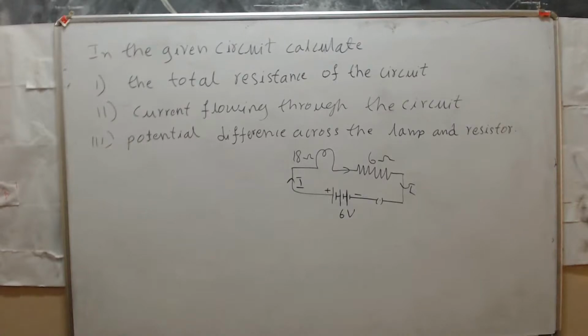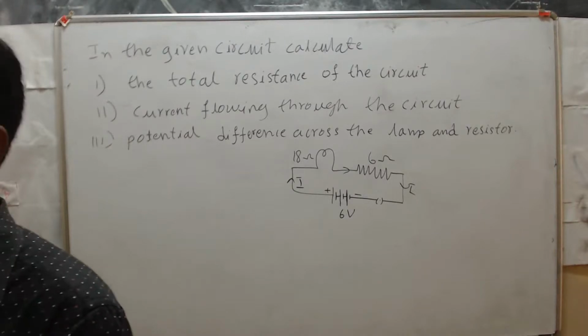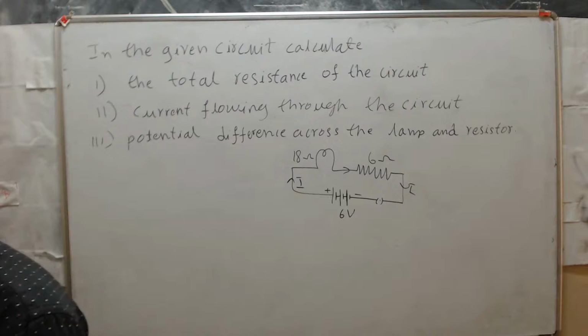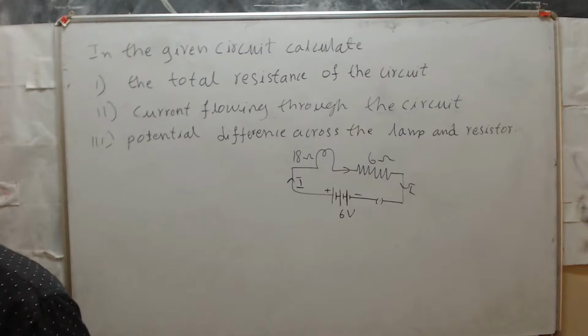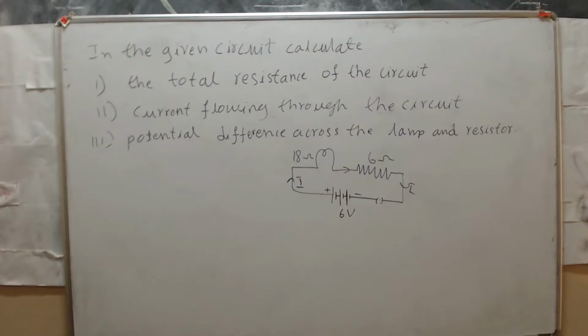So we use the galvanometer, which shows the existence of electric current, but the ammeter measures the electric current. Got it? The ammeter measures the electric current in the circuit, and the galvanometer shows the existence of electric current.